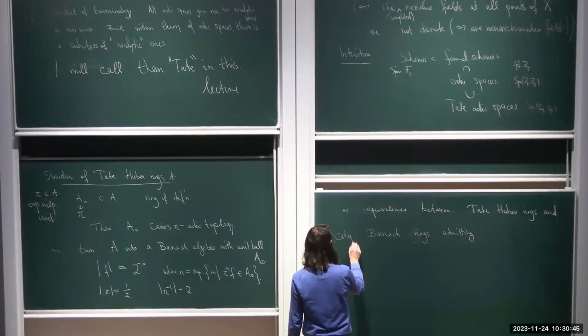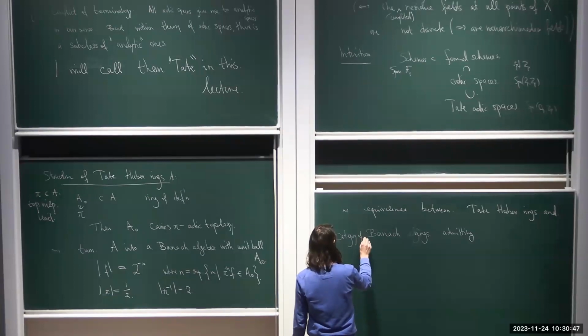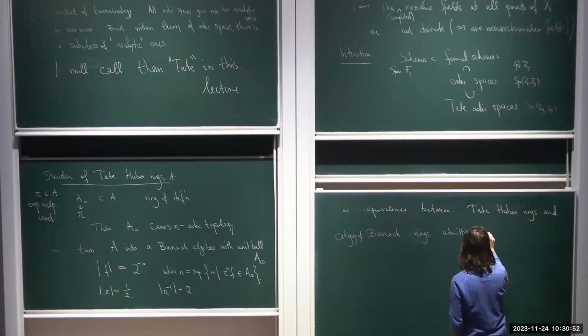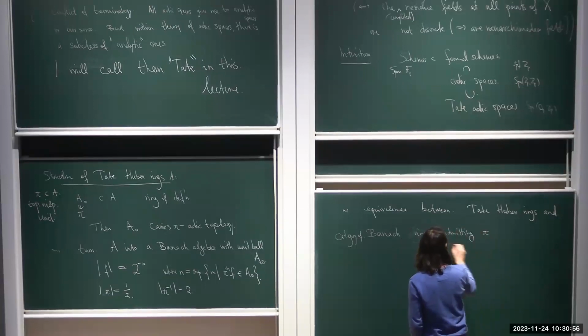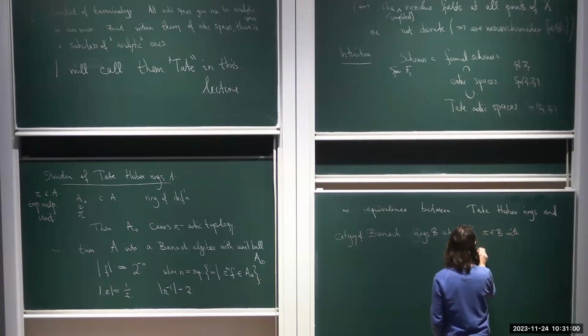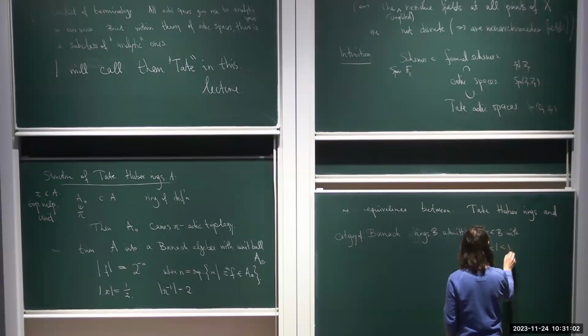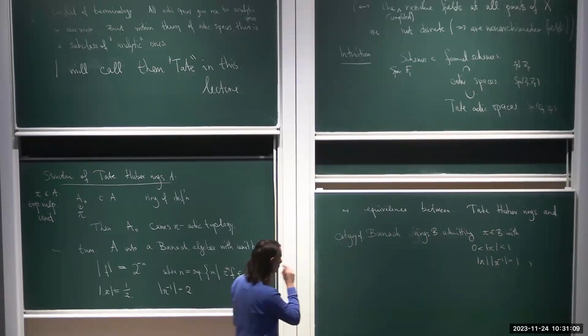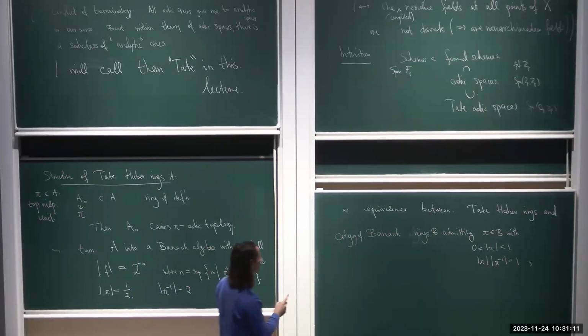Maybe I should say something first. First of all, I say what the objects are. The objects are Banach rings admitting some pi in B such that the norm of pi is strictly between 0 and 1, and the norm of pi times the norm of pi inverse is equal to 1. But at the moment, you actually only care about the topology induced by the Banach norm.